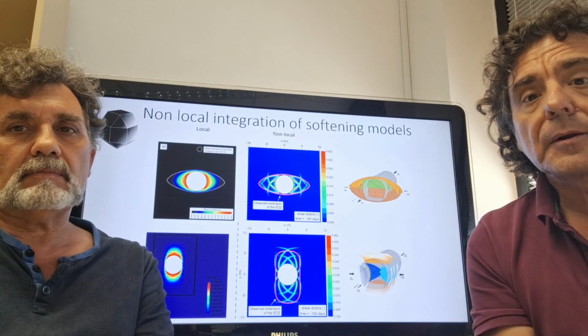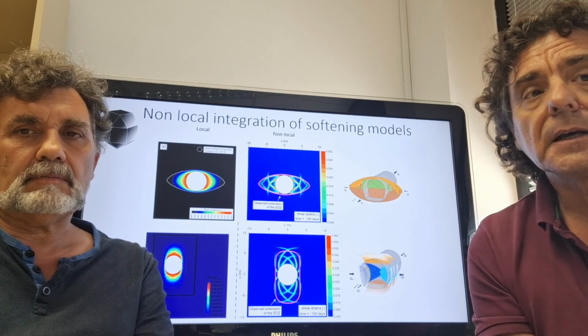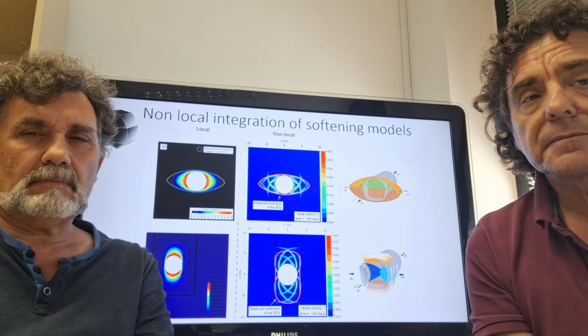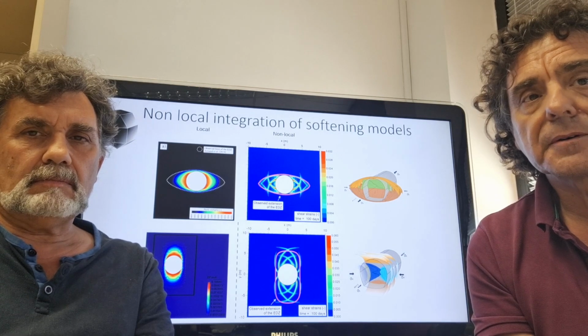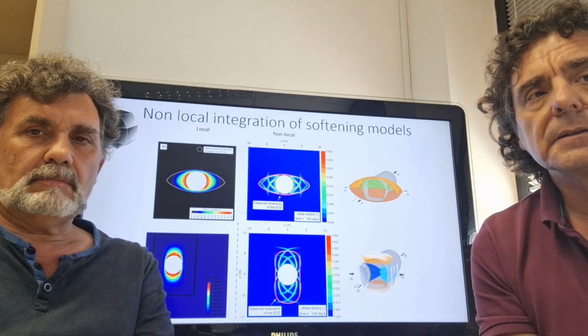We have been developing the interface with GiD for several years, and we believe that we have reached a point of sophistication thanks to the customization capabilities of GiD.